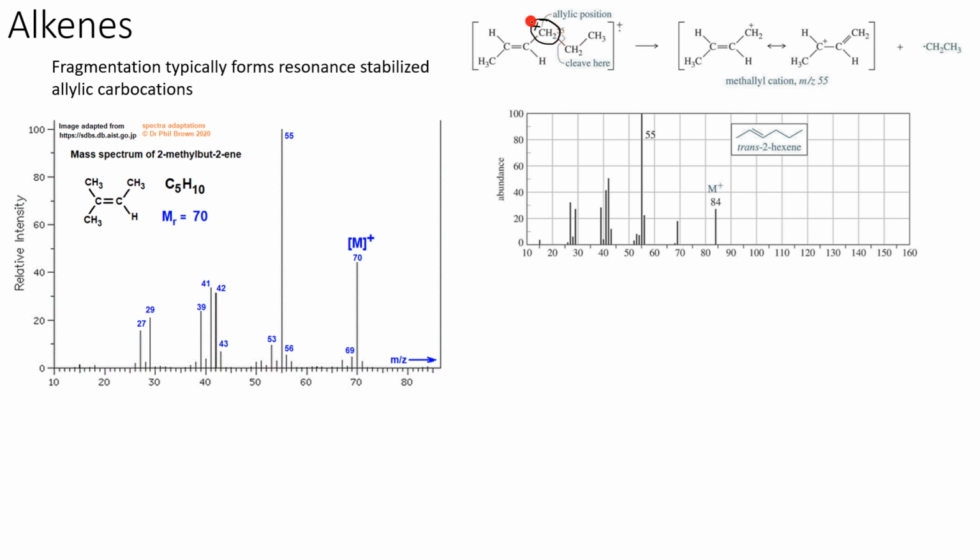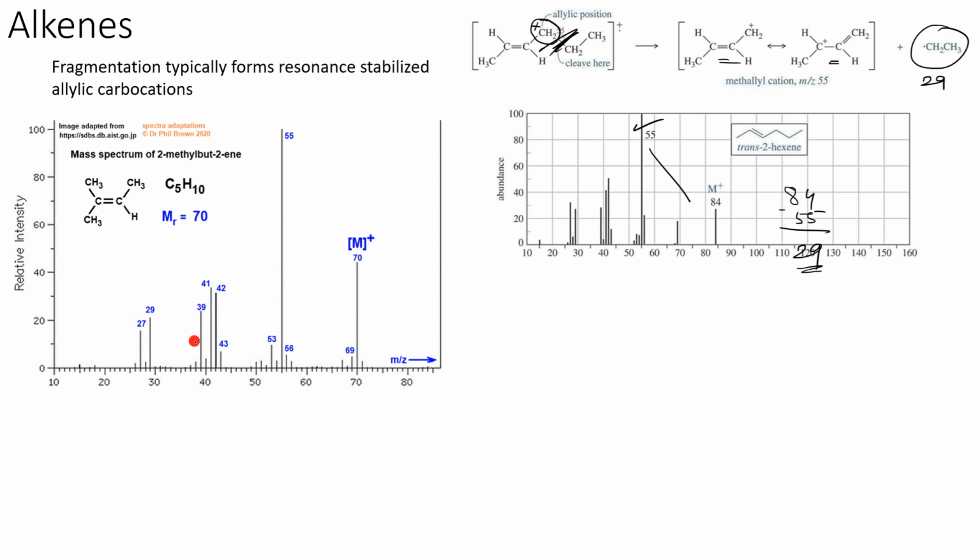Allylic carbocations are more stable. So the molecule breaks over here and you get a peak at 55. See the resonance over here. Even if you look at the difference between the two, you can get an idea of what exactly is breaking down. So 84 minus 55 is 29, and 29 is nothing but the molecular weight of this species.